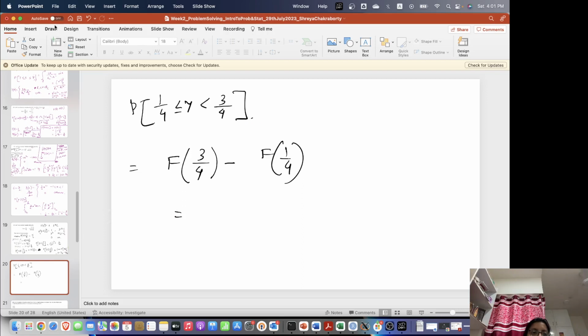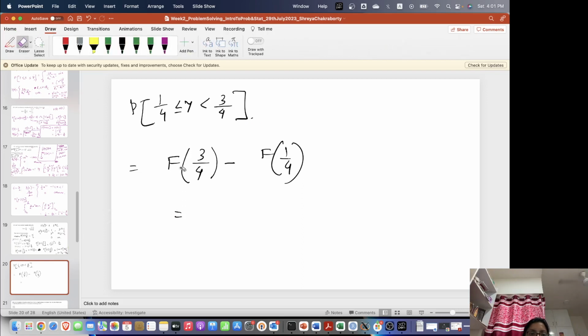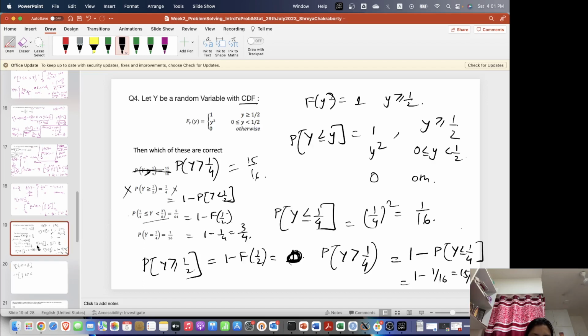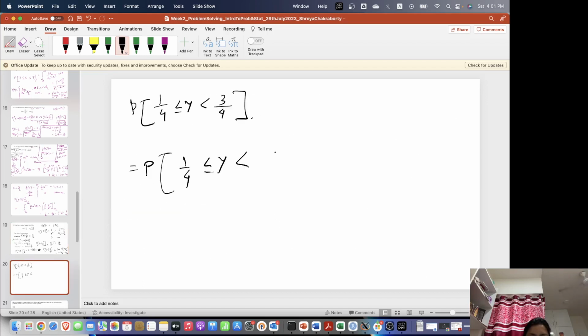So to make it a little simpler, we can write this as probability 1/4 less than equal to y less than half minus probability half less than equal to y less than 3/4.